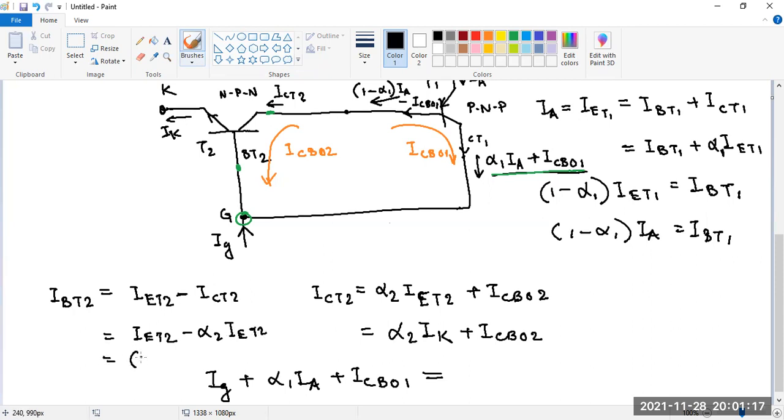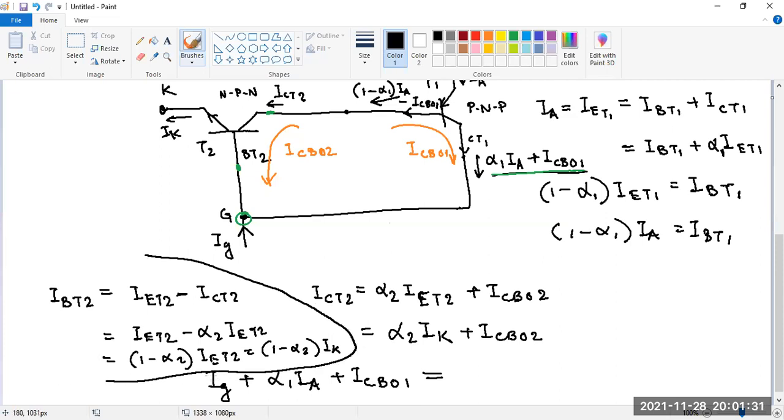So that means 1 minus alpha 2 times IET2, or we can write 1 minus alpha 2 times IK. So this current will be the outgoing current at this point.